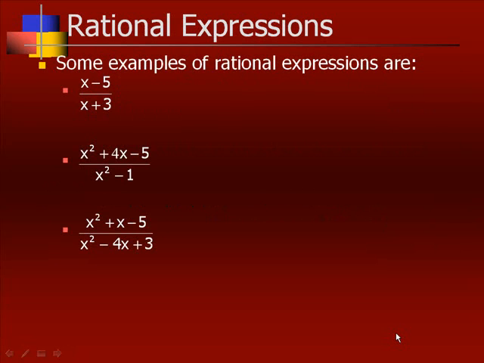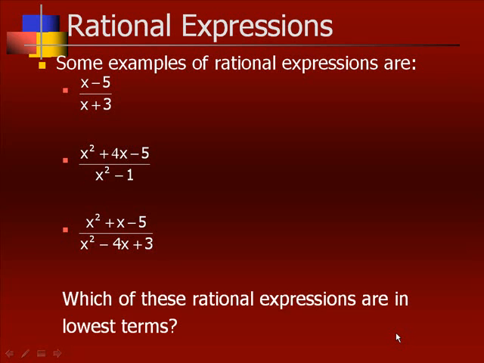Some examples of rational expressions are listed: x minus 5 over x plus 3, x squared plus 4x minus 5 over x squared minus 1, and x squared plus x minus 5 over x squared minus 4x plus 3.